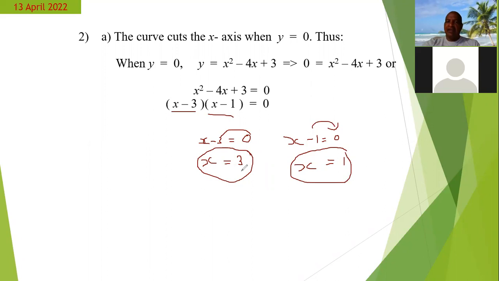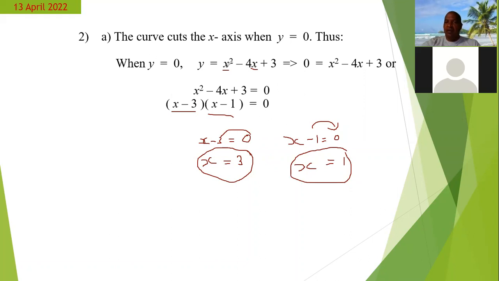Now, these x values, we substitute them back in the y equation where the x is, and then do the calculation. So when x is equal to 3, we put 3 squared minus 4 times 3 plus 3. And then we calculate that and we get the y value for this x equal 3. And then we do the same thing with x equal 1 now.